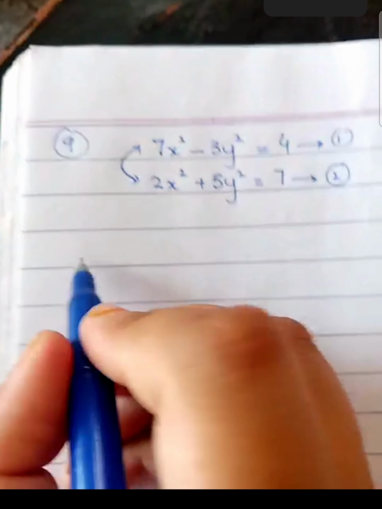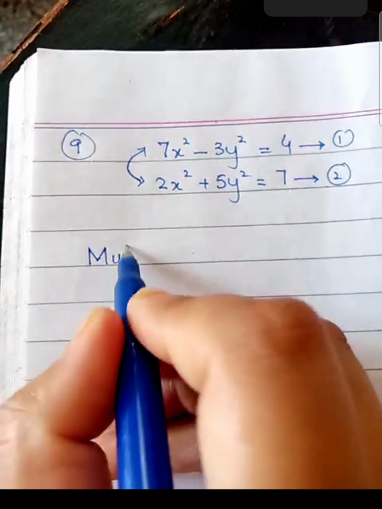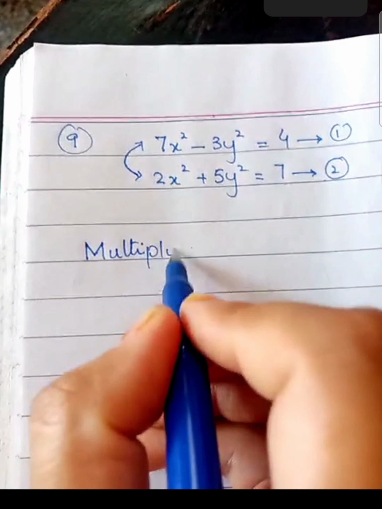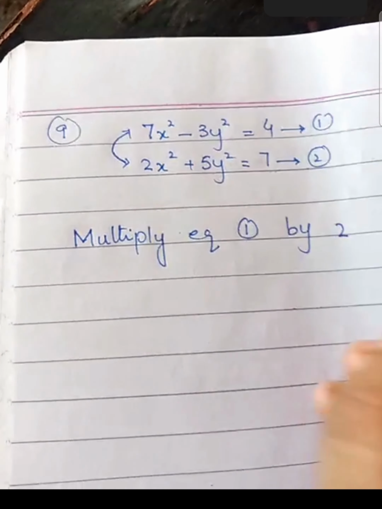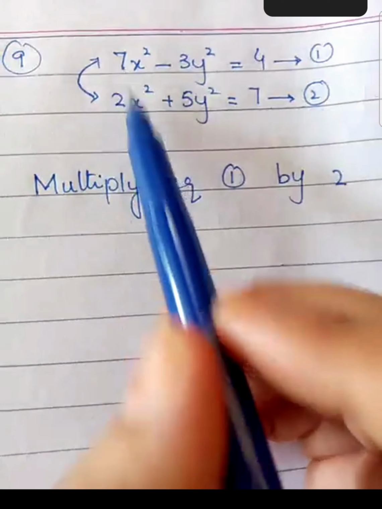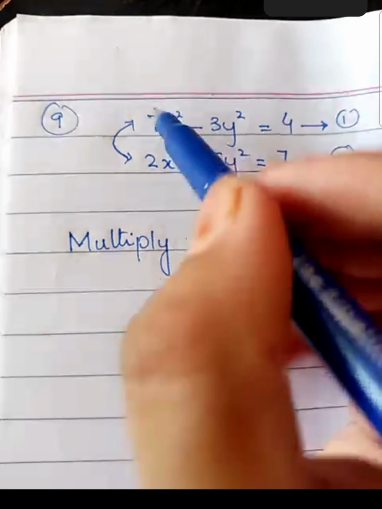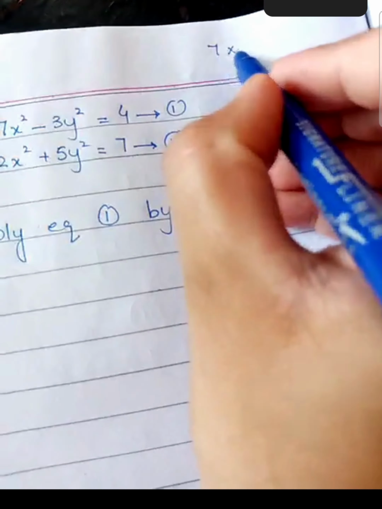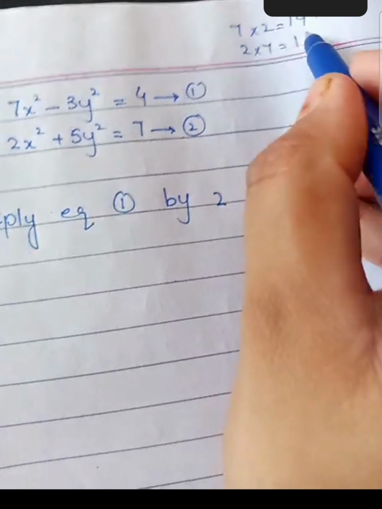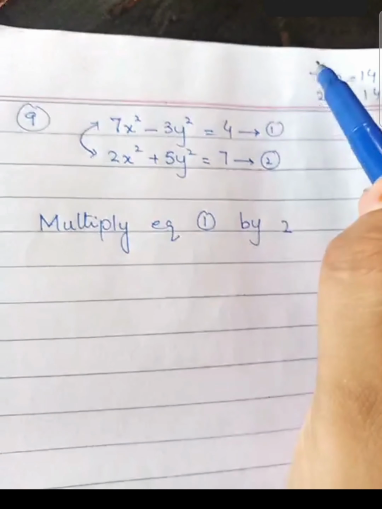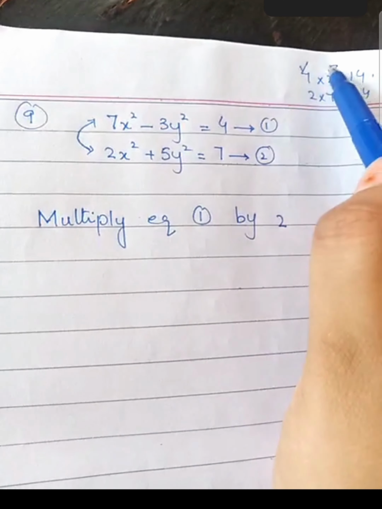X square, okay. So here you will say multiply equation number 1 by 2 because you are saying that you will make the coefficient of x square same. It is 7. 7 times 2 is 14, and 2 times 7 is also 14. Here in equation number 1, we have 7, so we need to multiply it by 2.